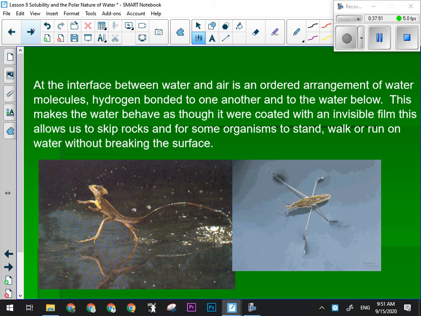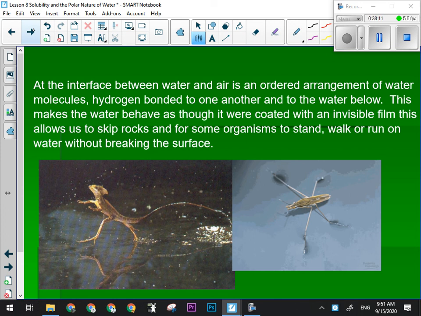And lots of small bugs that you see sitting on the surface of the water are utilizing the surface tension to stay afloat. If you've ever done any fly fishing, the same idea is used to keep a fly on top of the water. It sits in the surface film and doesn't sink.